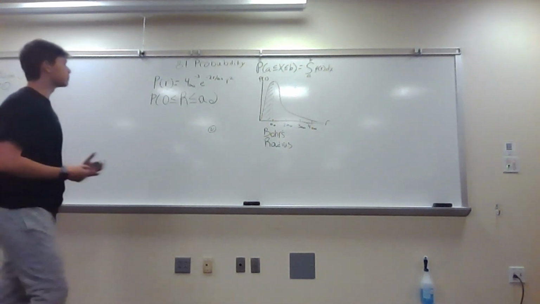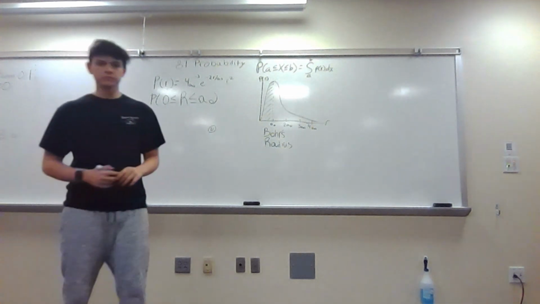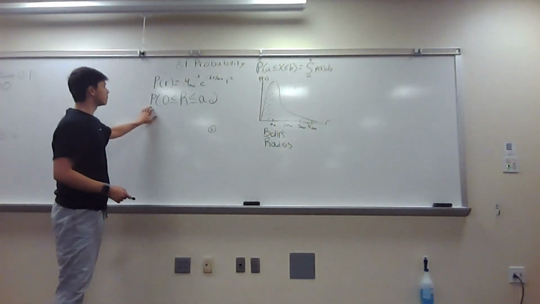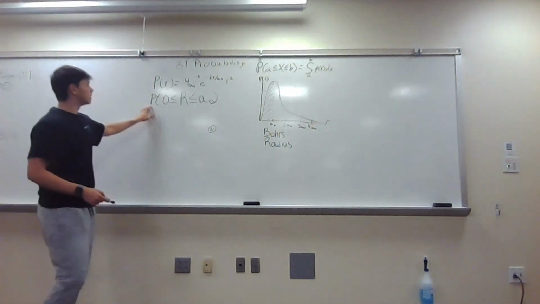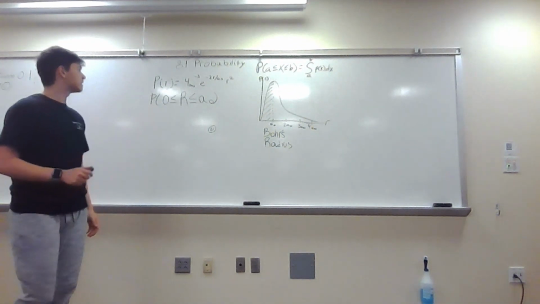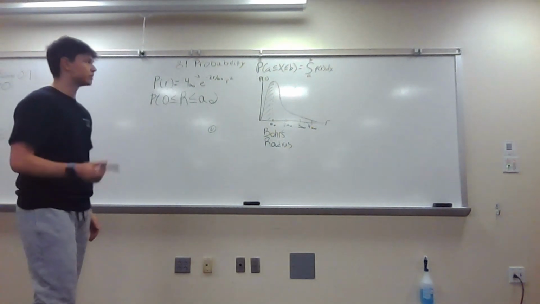So how we would use this, similar to the past examples, is we would have our probability of 0 less than or equal to R, which is less than or equal to a initial.